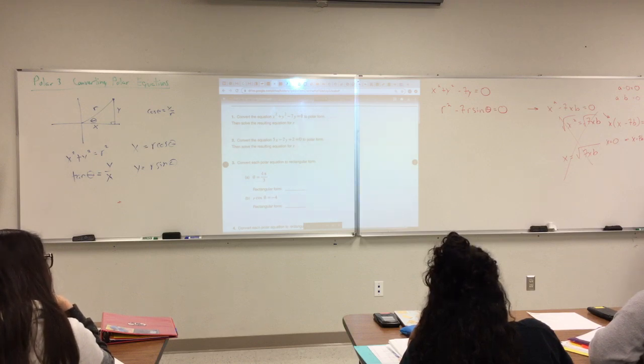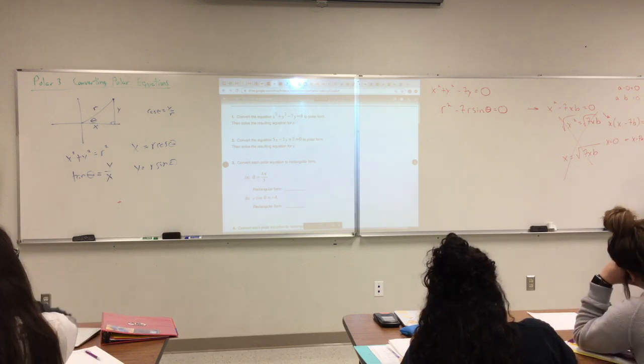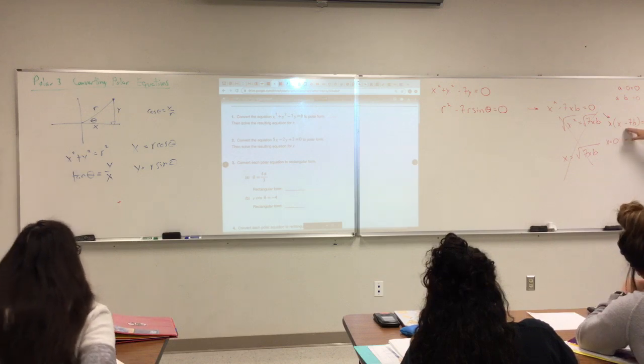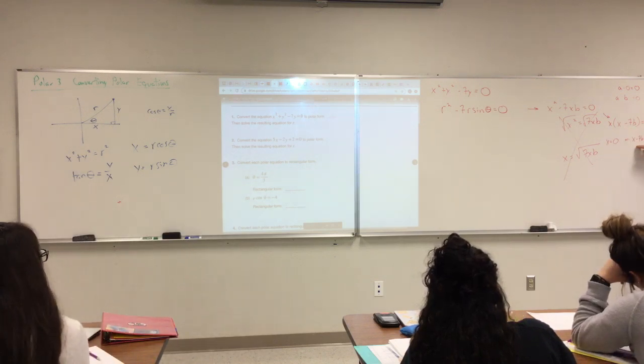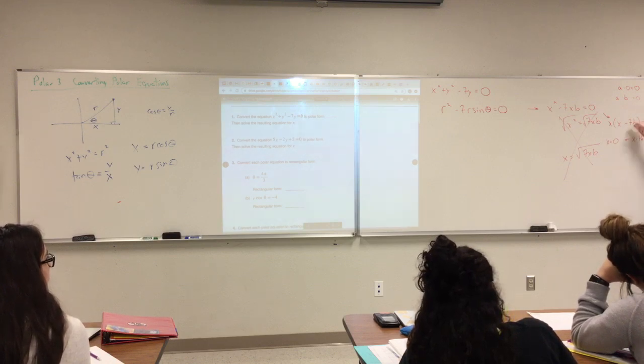Let me say that again. If I have two things that are multiplied together to equal 0, then I absolutely know that either the first thing is 0 or the second thing is 0. I'm pretty sure that you discussed this last year in Algebra 2, but it's been a little while, and maybe you didn't make that connection. But that's why it is.